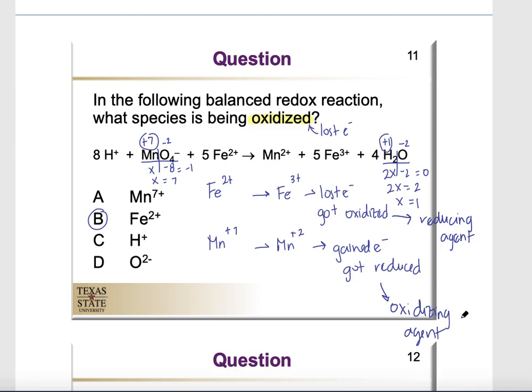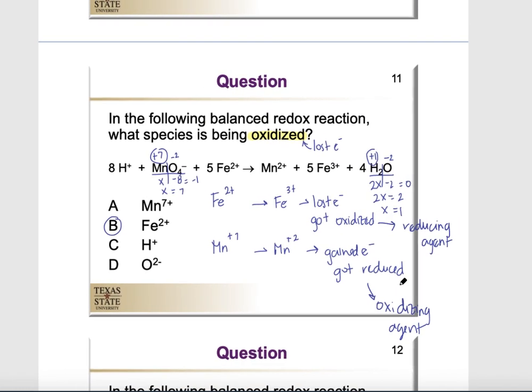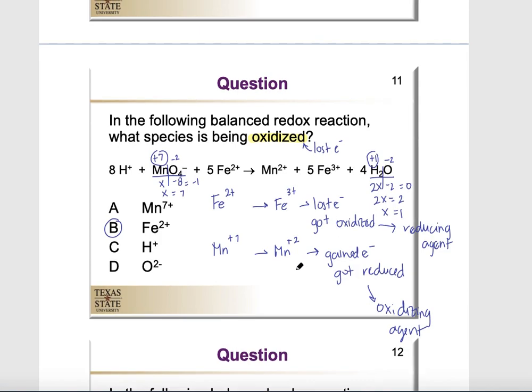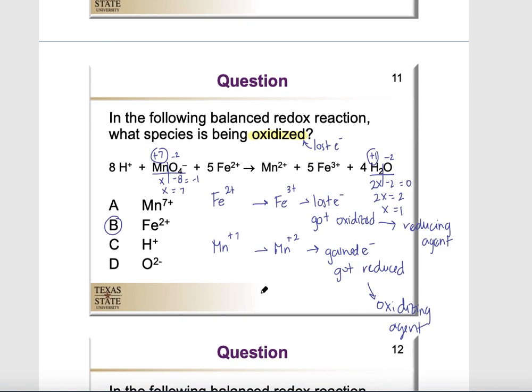And that right there is that. Okay. Before I move from here, there's a couple of things that I wanted to say. One of the things is that you're always going to be looking at the reactants, the things on the left-hand side of the arrow, in order to select the oxidizing agent or the reducing agent. So oxidizing agent and reducing agent is going to be your reactants, right?